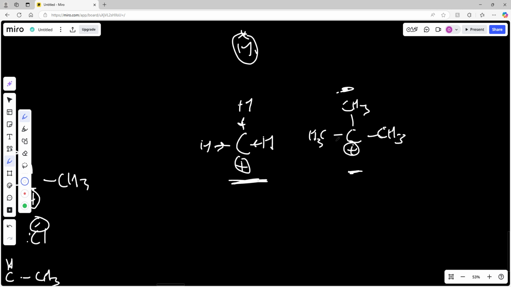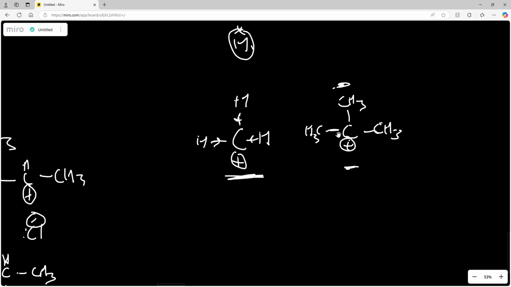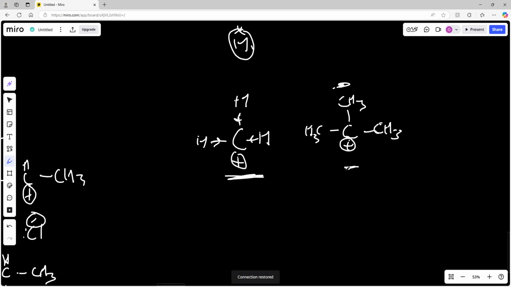So the electrons are much greater attracted to the carbon. Okay, because they're bigger groups, they can donate more electron density, so they're far more attractive to the carbon cation center.